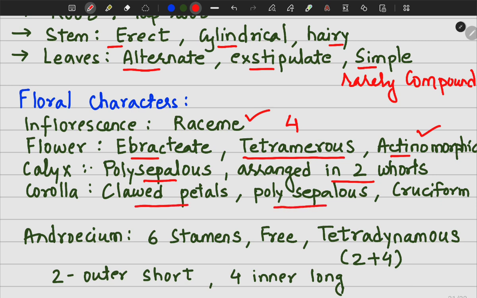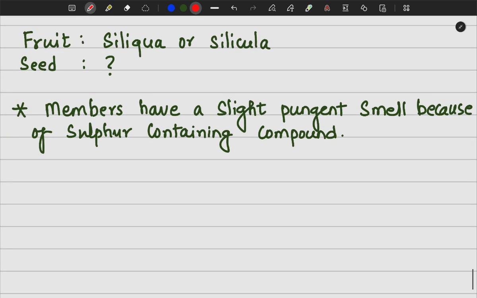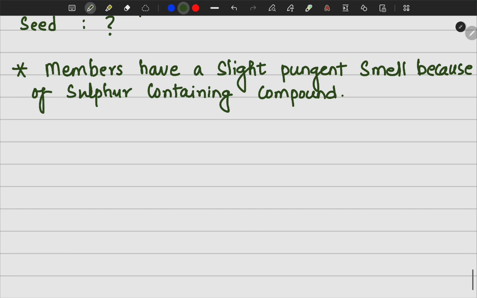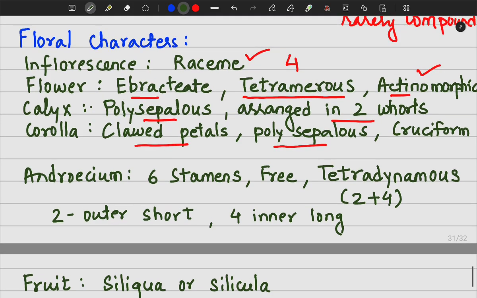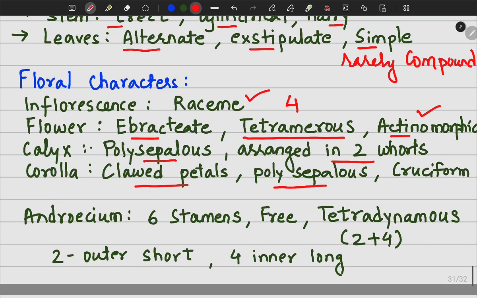Now the petals are clawed, meaning if you look at the petal of a mustard family plant, they usually have a claw-like structure like this. If there are 4 petals, then there will be a claw-like structure. So this is called a clawed petal. And one more characteristic, the corolla is cruciform.